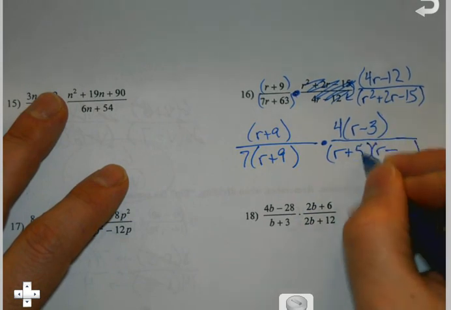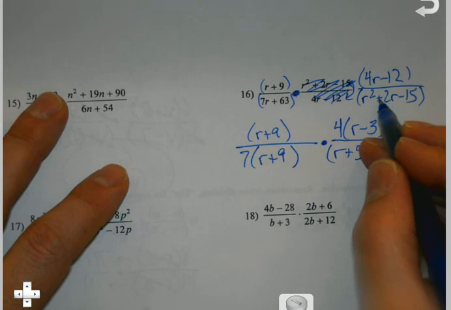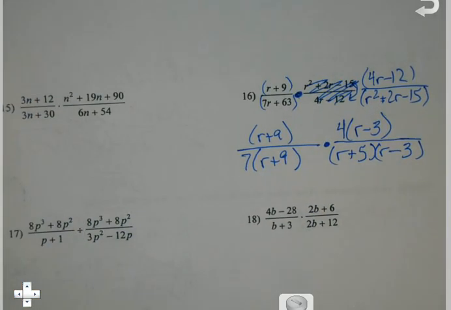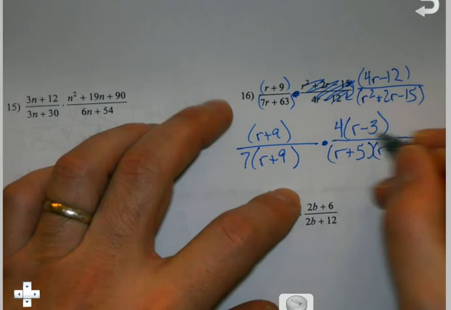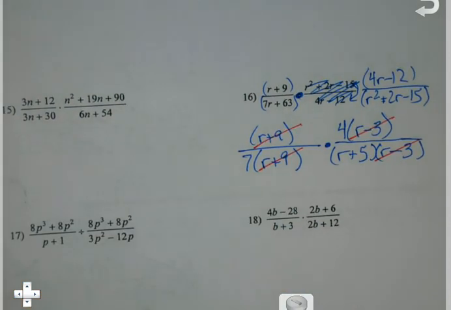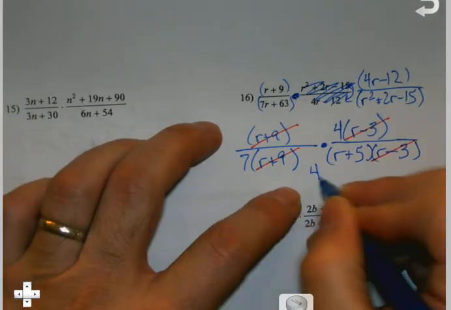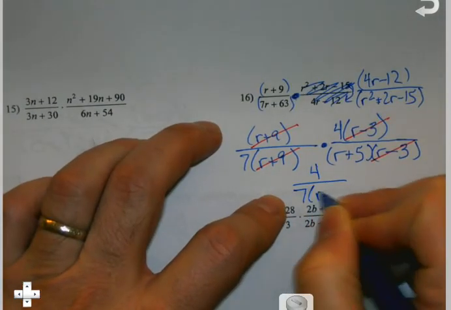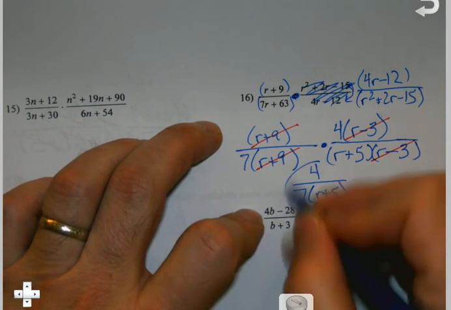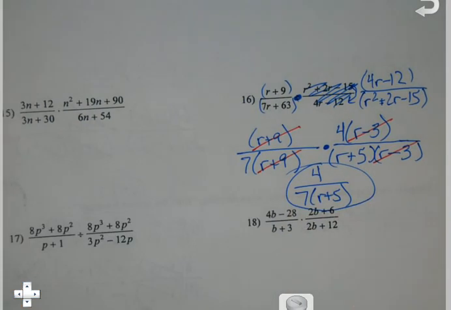And again, the 5 is the plus because that's where this sign helps me out. All right, r minus 3s, r plus 9s. Now let's see what we got left. 4 does not go into 7. It's as good as it gets.